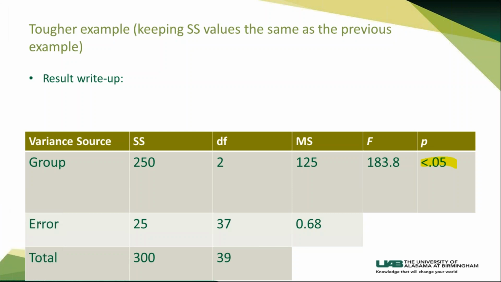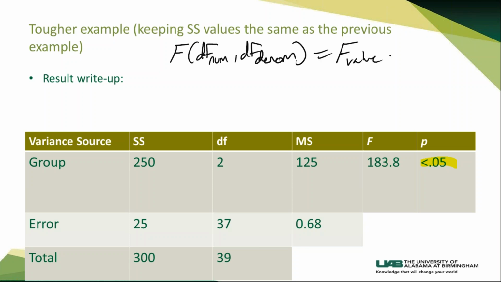And how do we write this up? So it's a formula essentially of df numerator, df denom. So these are the same two values you used in finding the critical value, equals the actual F value, and then p.